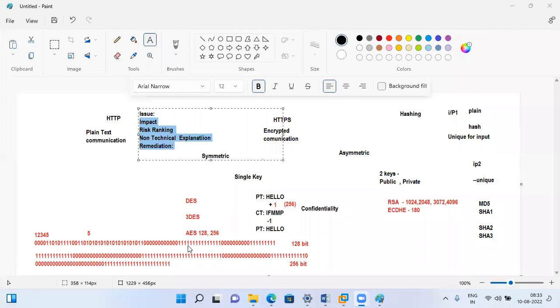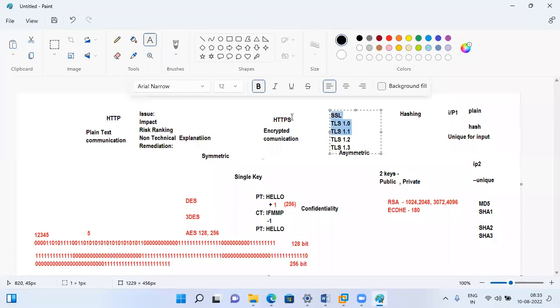There is an attack called the Poodle attack. If you are using older versions of SSL, remember SSL, Secure Socket Layer. The older versions are TLS 1.0 and 1.1, Transport Layer Security, and then TLS 1.2 and TLS 1.3. 1.3 is the latest.